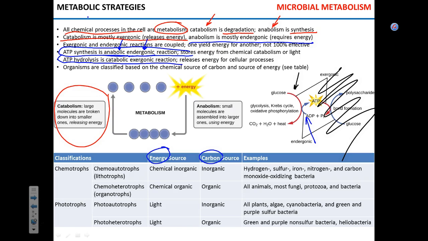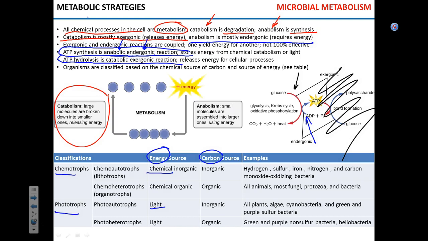There are two possible energy sources in the environment. One is chemical. One is light. So organisms that use chemicals as the energy source are called chemotrophs. Organisms that use light as the energy source are called phototrophs. You with me?